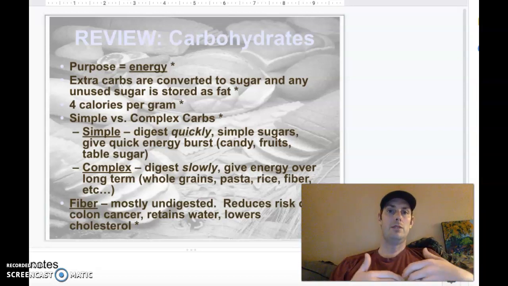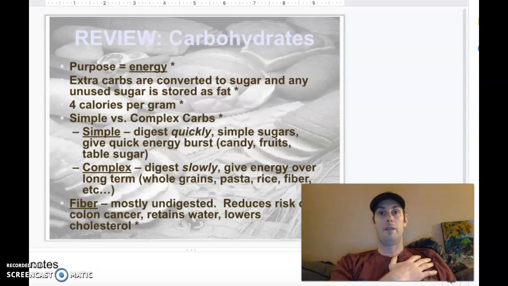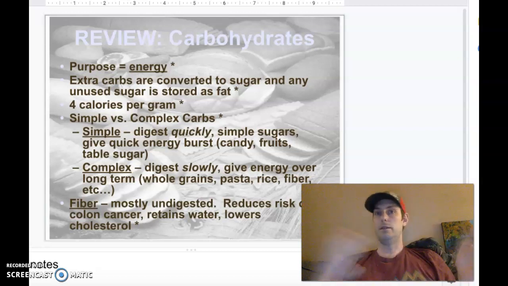But somebody else who doesn't exercise all the time, that has a more sedentary lifestyle, they go home after school and sit on the couch, their body is not going to burn all those carbohydrates. So your body stores those carbohydrates as fat, and that can be and will be burned later if that person doesn't eat.